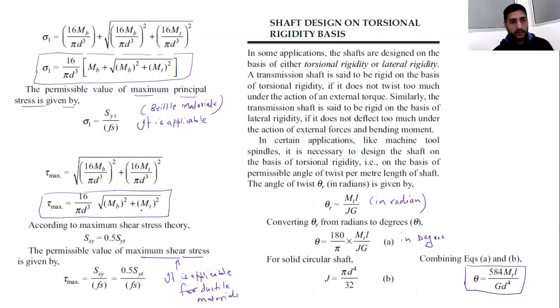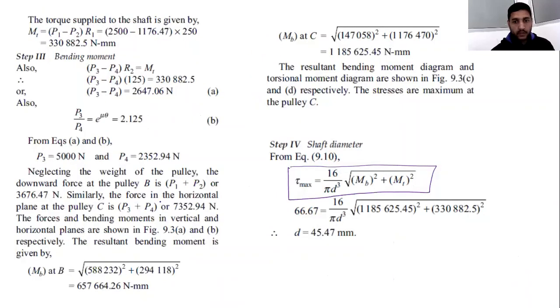I explained that the maximum principal stress theory is applicable for brittle materials, and this formula is applicable for ductile materials. Out of these two formulas, you have to apply this formula, because we know our material is ductile. That's why this formula is used here.